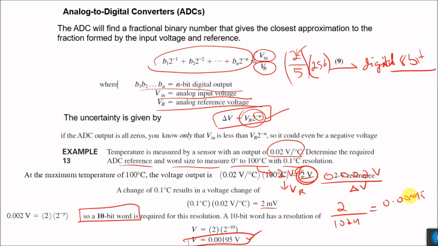And in case of an 8-bit ADC, the maximum number of steps would be 256. So 2 over 256 would be equal to 0.007813 if we had used an 8-bit ADC. So our resolution would have been 7.8 millivolts.